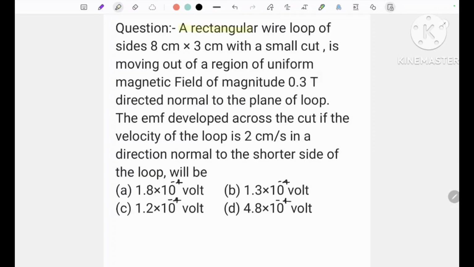Next, a rectangular wire loop of side 8 centimeter into 3 centimeter with a small cut is moving out of region of uniform magnetic field of magnitude 0.3 Tesla directed normal to the plane of the loop. The EMF induced across the cut if the velocity of loop is 2 centimeter per second in a direction normal to the shorter side of the loop will be.